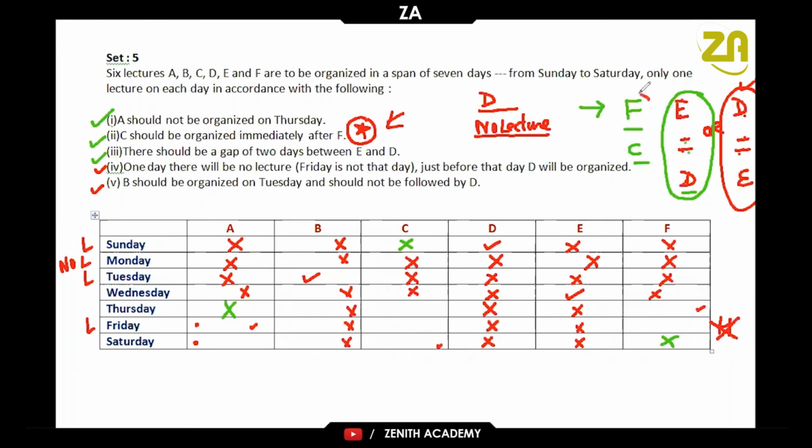It is not satisfying this condition, lecture C immediately after F. C should be organized immediately after F. This condition will not be satisfied. It means you cannot take lecture A on Friday. So you will take lecture A on Saturday. When lecture A is on Saturday, cancel out this, correct? And now it is easy that lecture F is on Thursday and lecture C on Friday, correct?